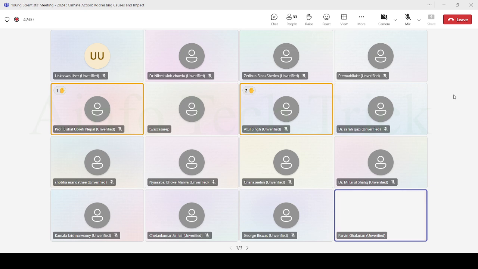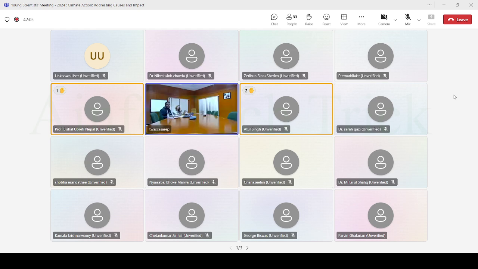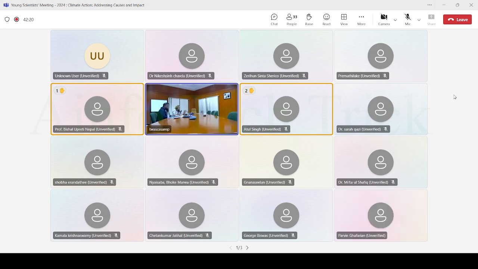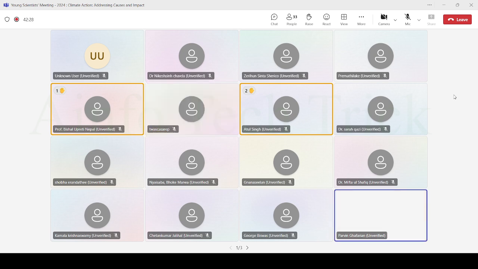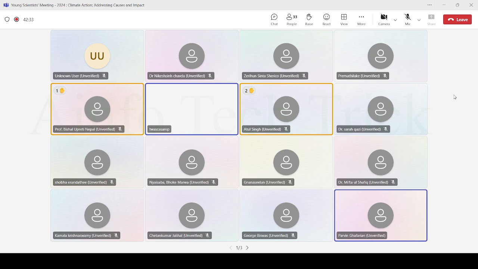I'm connected with web. You have to connect with the application, then only the share option will come. I'm trying to share my desktop. First try to download the application and then share your screen. Take your own time, Dr. Parveen. You can download the application and then get connected with us.